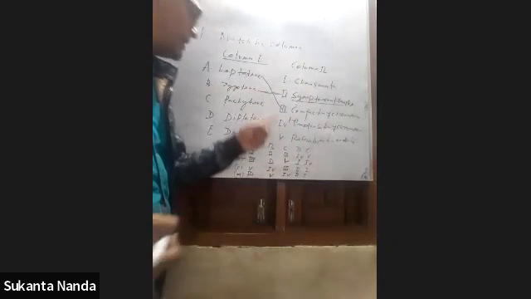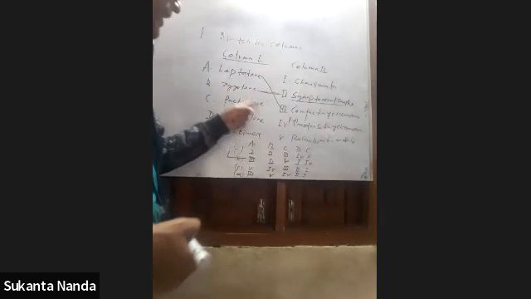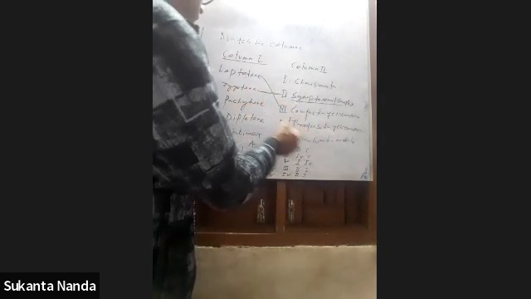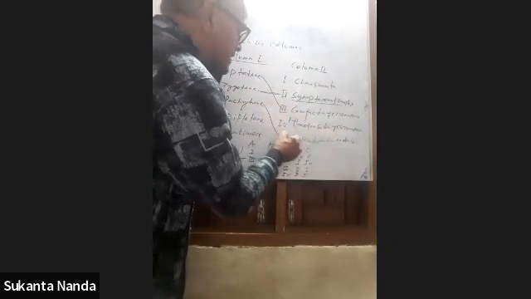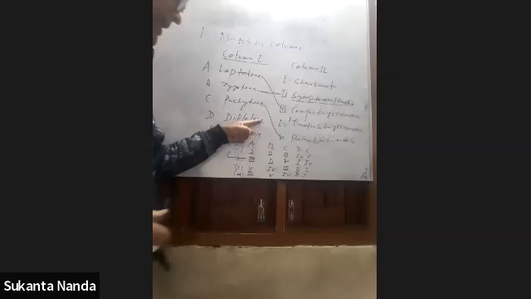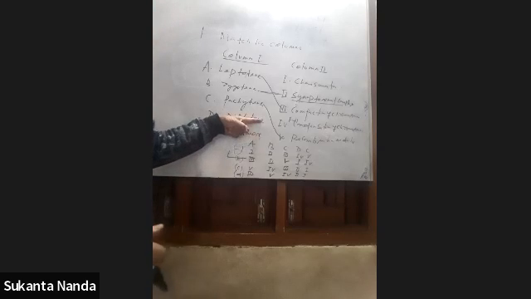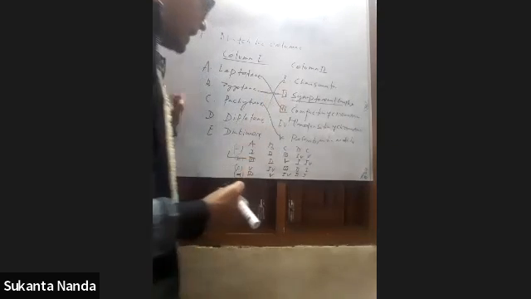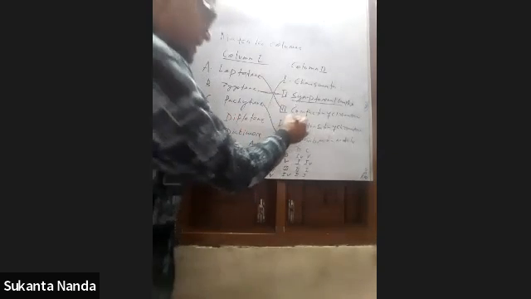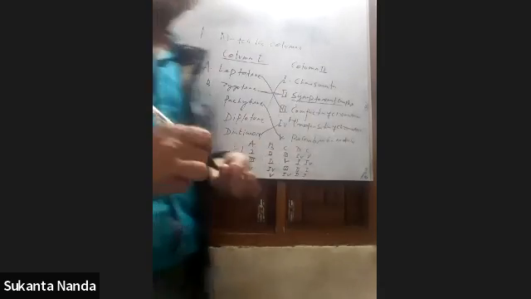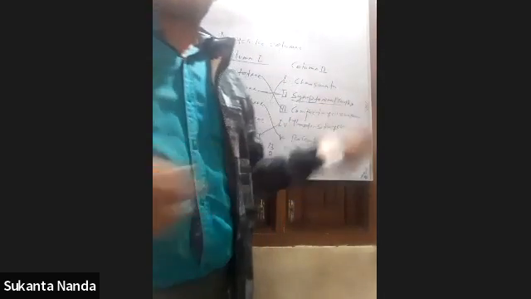Then pachytene. In pachytene, recombination nodules you can find. In diplotene, what will you find? Chiasmata. And in diakinesis, full condensation of chromosomes. So the answer is B.